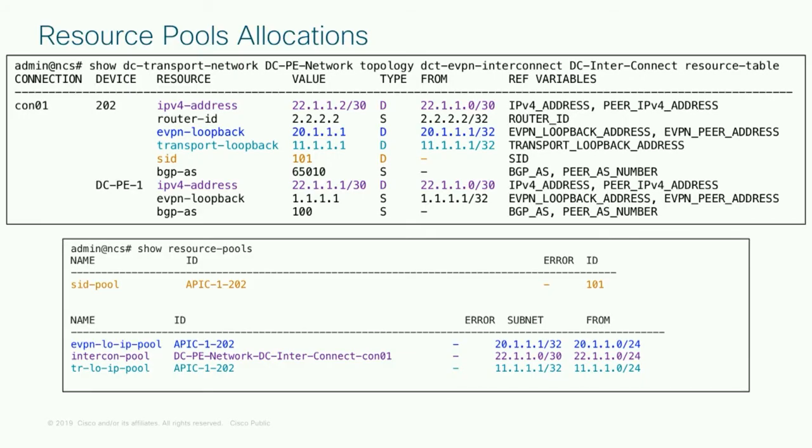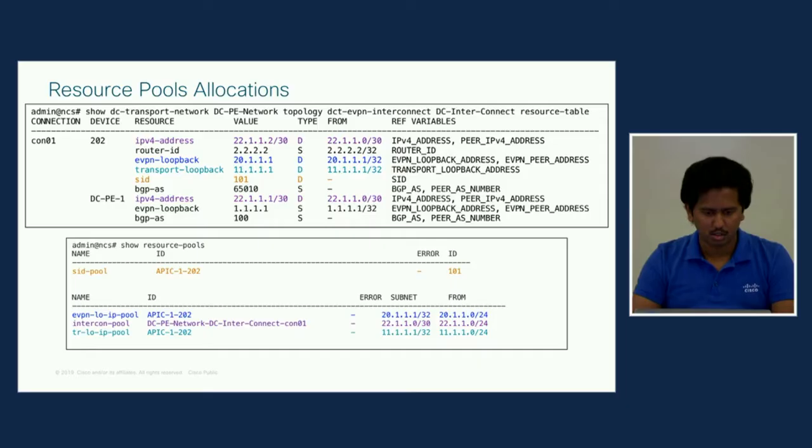What are the resource pools that have been allocated? On the border leaf and the DCPE side, we have the EVPN loopback, the transport loopback, and the IPv4 addresses for the EVPN session between the DCP and the border leaf. So let me quickly switch pane here to show you on the NSO UI.